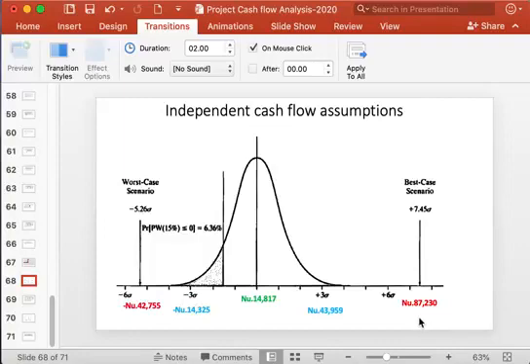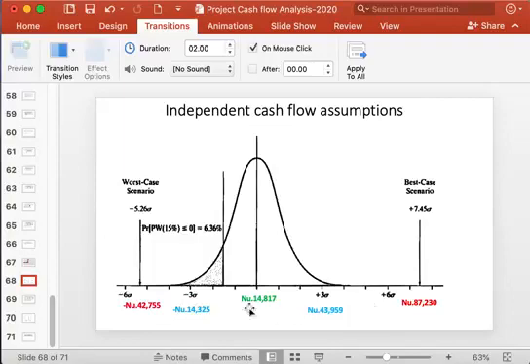If the net present worth in the best case scenario, assuming independent cash flow, were 43,959, then we could have said that it is possible.